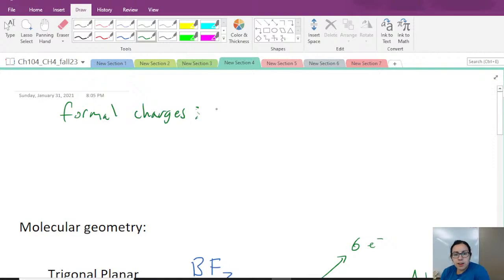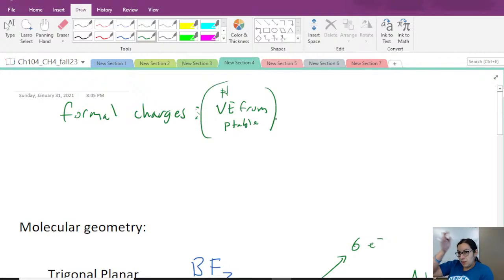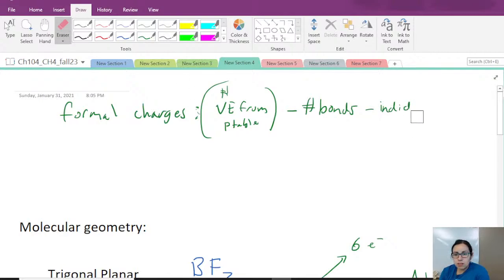It's defined as: first you get the number of valence electrons from your periodic table, whatever its standard is, and then you subtract the number of bonds, and then subtract the number of individual electrons.